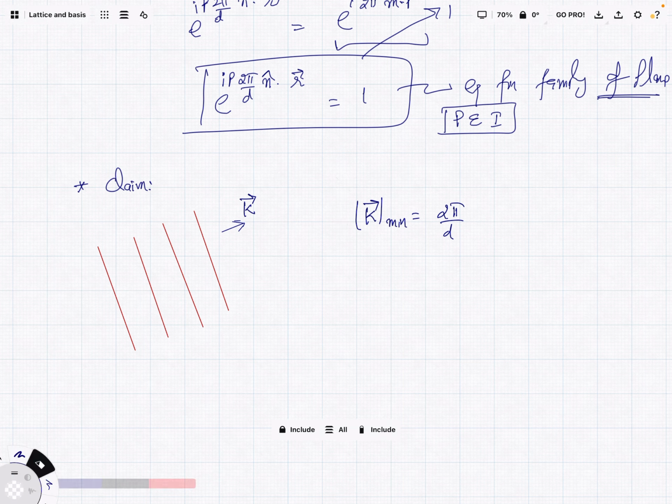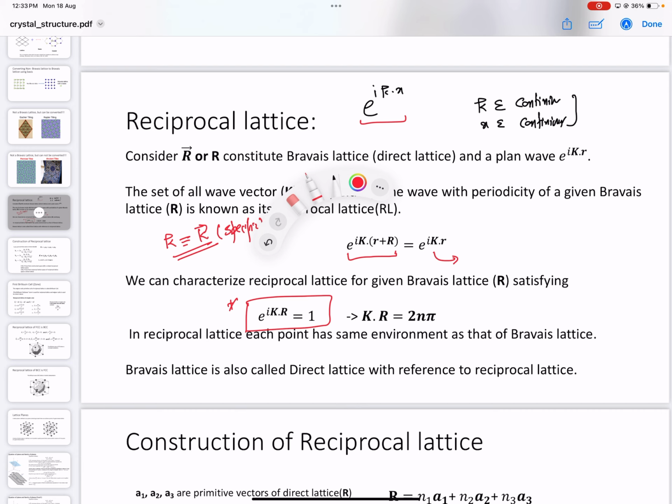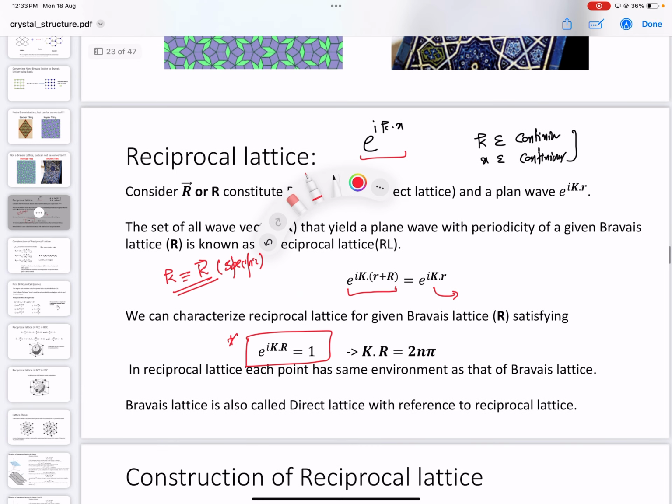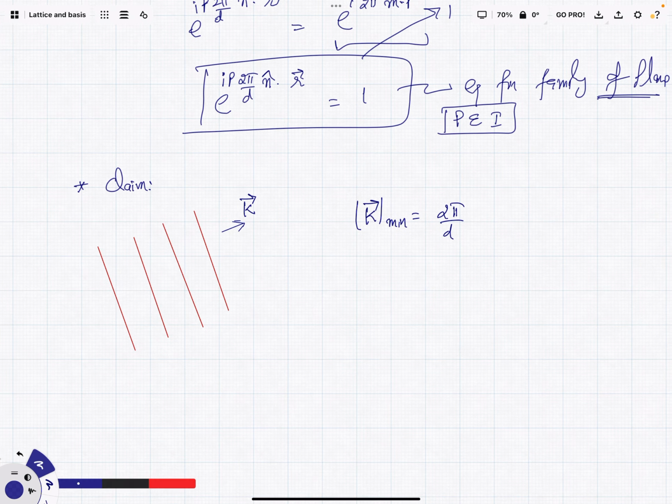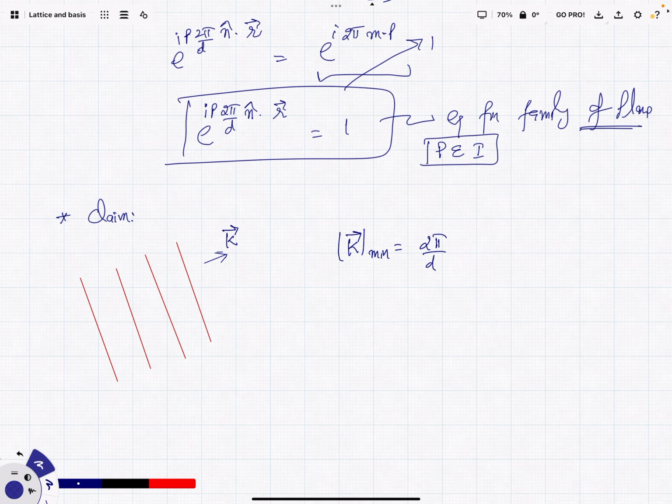If k is a reciprocal lattice vector, then this condition has to be true, right? So the condition was e raised to i k dot r is 1, right? Okay. So we will come to this equation.